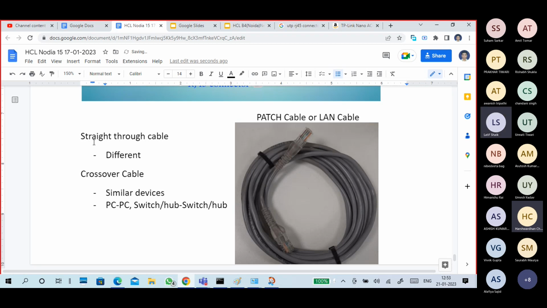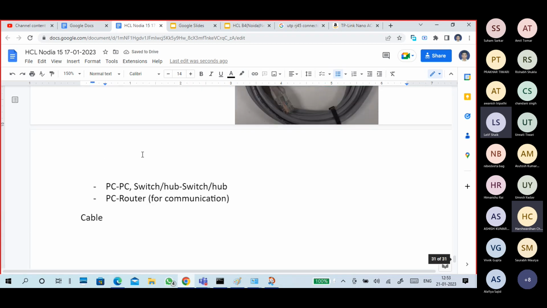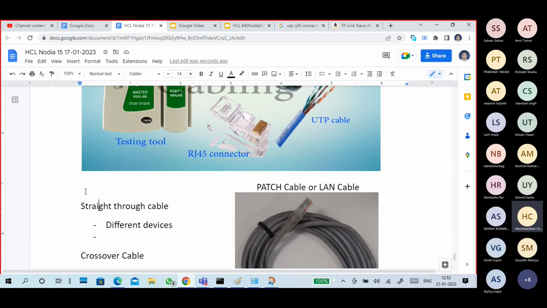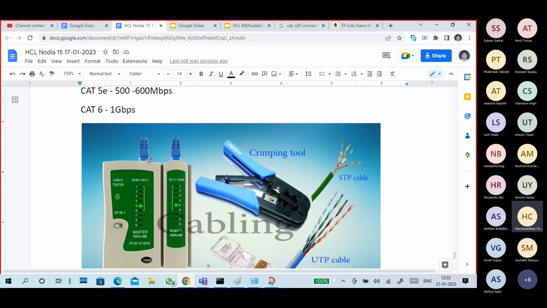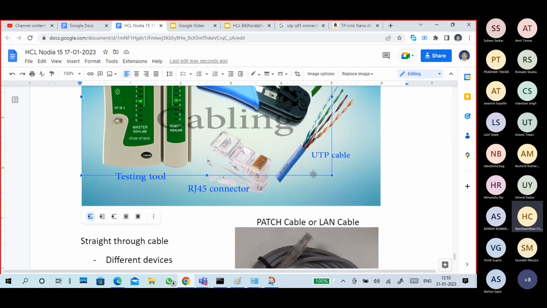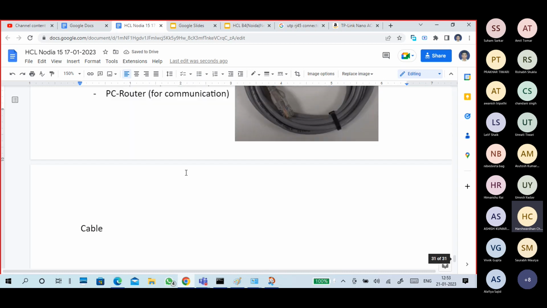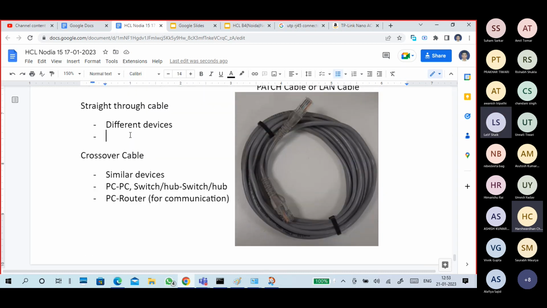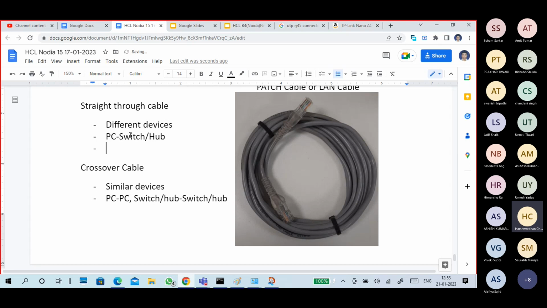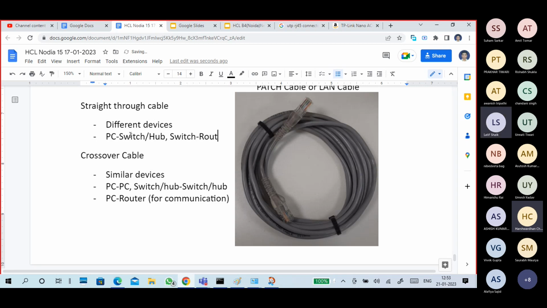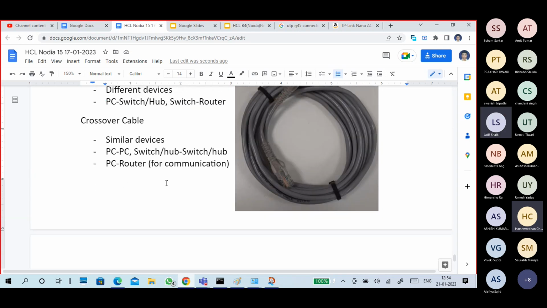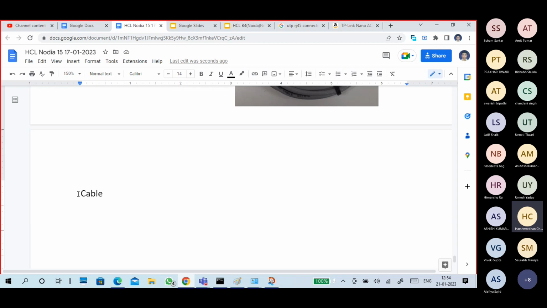Straight cable or a straight through cable, for different devices, for example PC to switch or hub, router, like that, for communication. Another type of cable is also there.